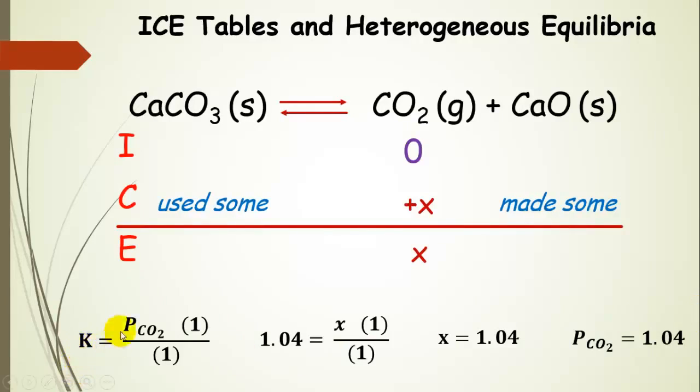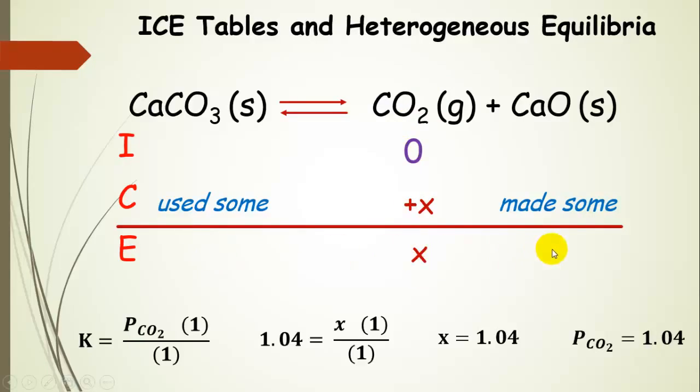So let's write down the equilibrium constant expression for this system. And so we have K is equal to products over reactants, and the activities for both solids is 1. So we're just going to put in 1 for both of those solids. And that leaves us with only the partial pressure for carbon dioxide. Now, when we add up the initial plus the change, we're just going to end up with X at equilibrium.